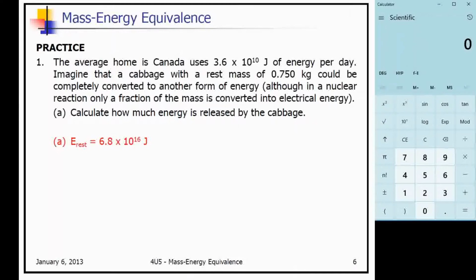So what we simply do here is E equals mc squared. So our m is 0.75. Our c is 3 times 10 to the power of 8, and we square that. We're left with 6.8 times 10 to the power of 16 joules.